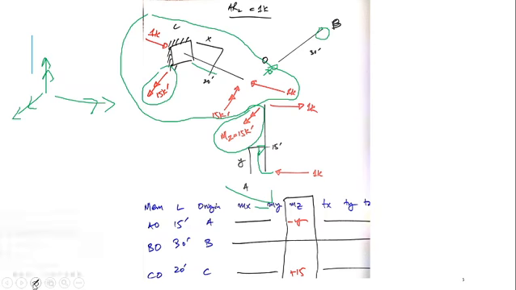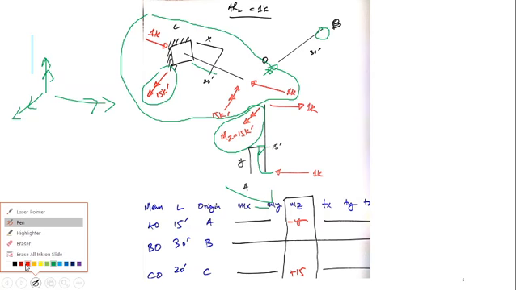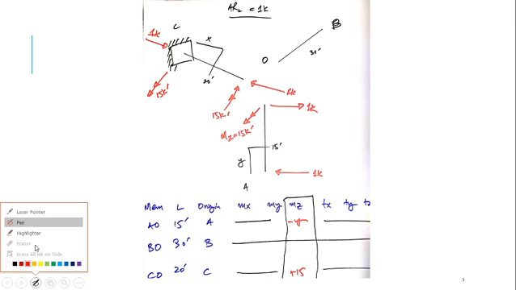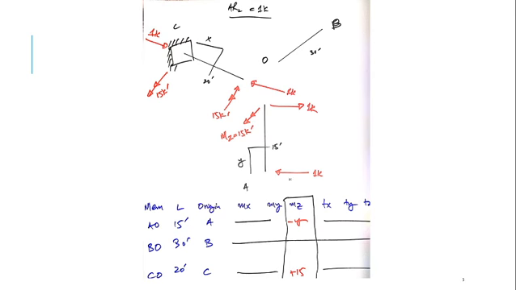Next I have to construct the moment table. To construct a moment table, I have taken this section. I have to find all moments here. This is in X, this is in Y. So what is the magnitude of moment caused by this 1 kip in member AO?